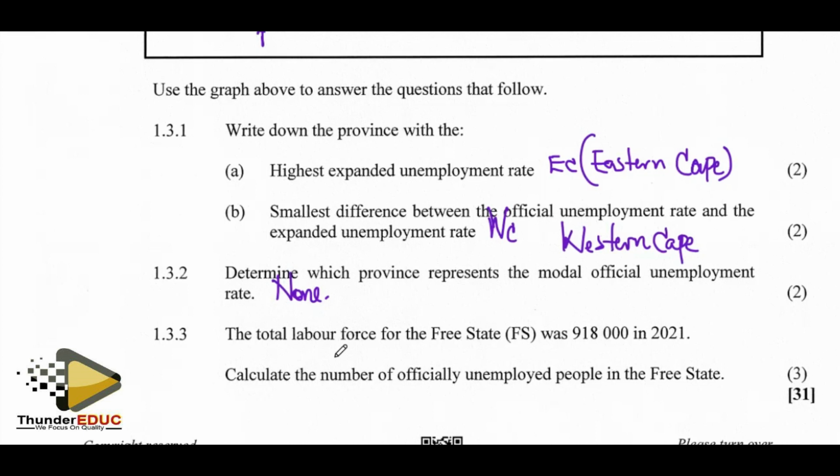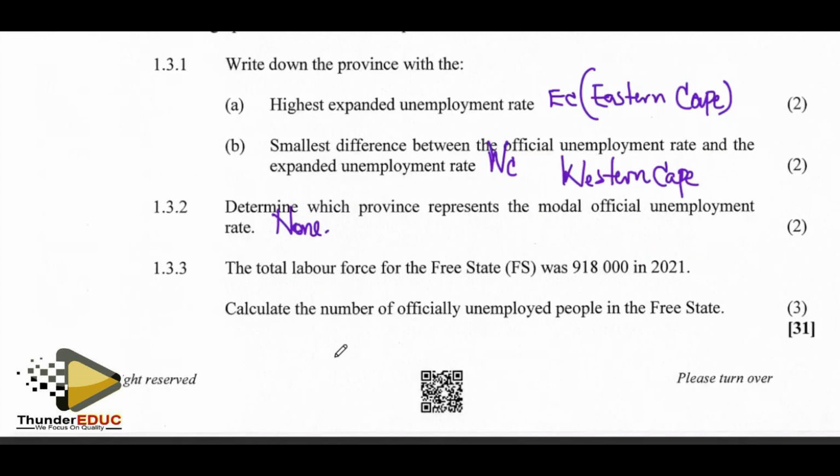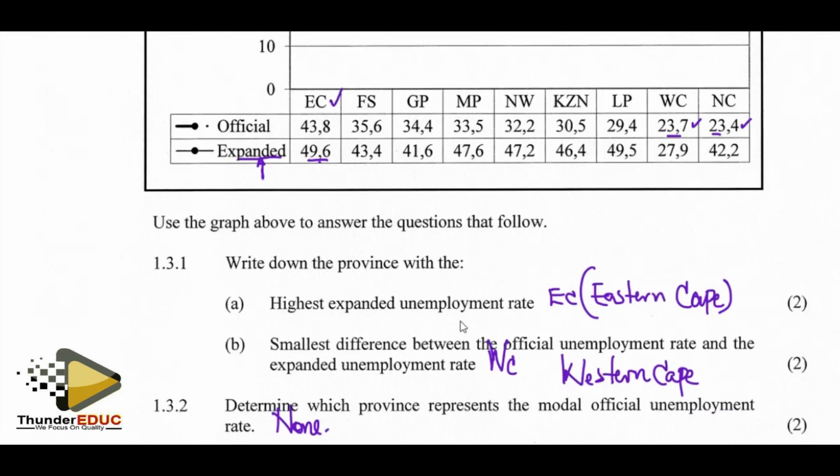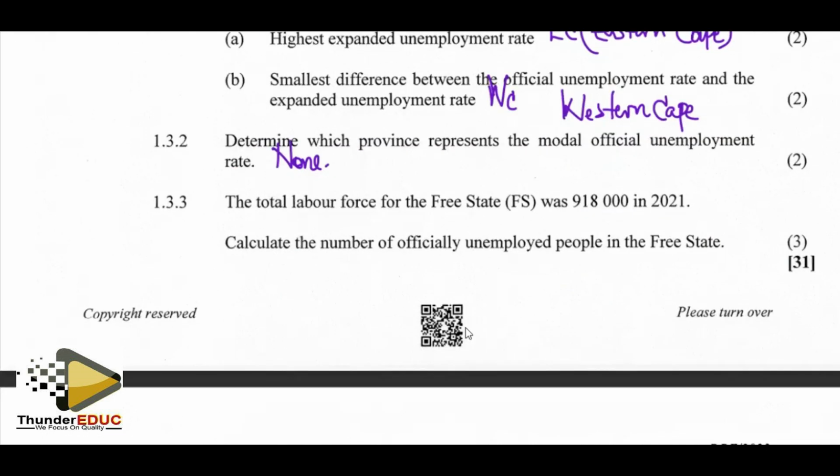The total labor force for Free State is this much in 2021. Calculate the number of officially unemployed people in Free State. So, officially unemployed. We shall come here, official. Look for Free State. This much percentage, 35.6%. So you come down here, 35.6% times 918,000.